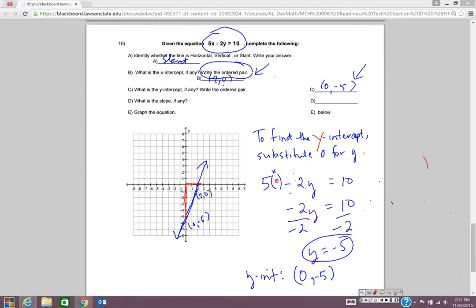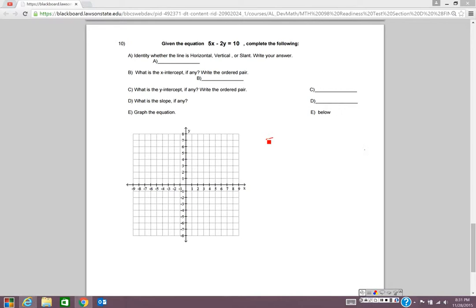Alright, now let me put 5x minus 2y equals 10 into slope-intercept form so we can confirm our slope. This will cancel. We have negative 2y equals negative 5x plus 10.